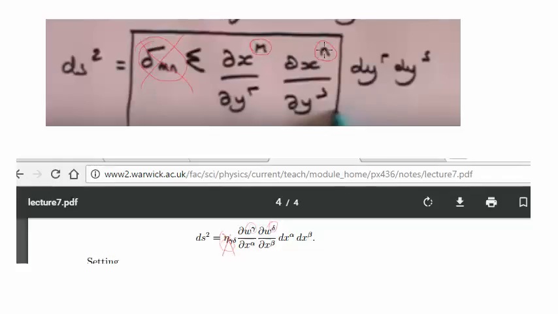This and this really need to just share indices. And so this would be gamma. So those really need to share indices so that they cancel out naturally.